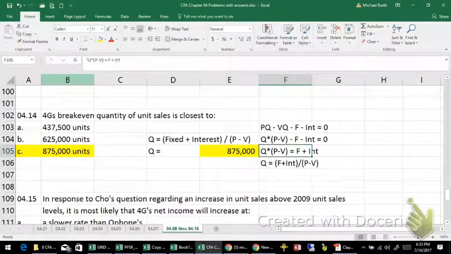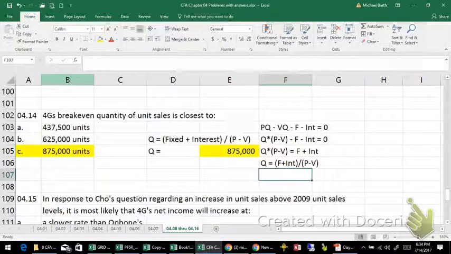If every time you sell a unit you get P dollars per unit, but it costs you V dollars per unit to sell each one, then P minus V is the contribution margin that's left over for each unit to pay all those other fixed costs.